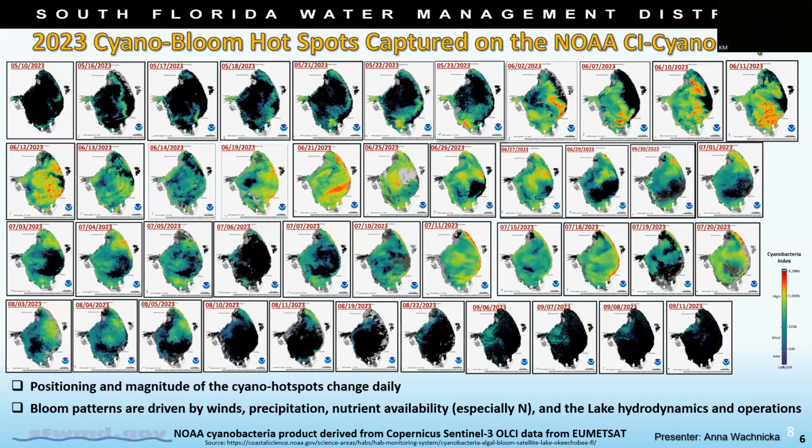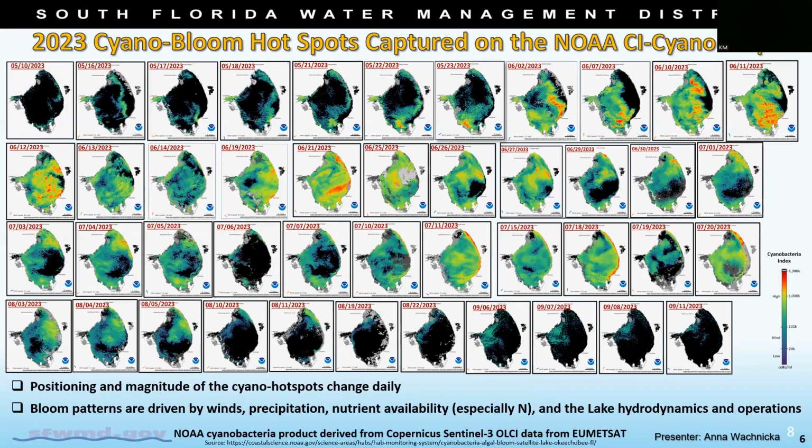I was just telling students during lunchtime that, for example, in the C38 canal, the flow rates can change quickly within a day from, for example, 500 CFS, cubic feet per second, to 20,000 cubic feet per second. If, let's say, we have a hurricane coming, our priority is always going to be flood protection.